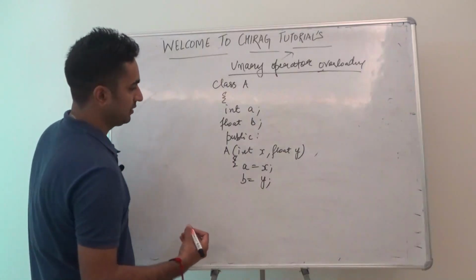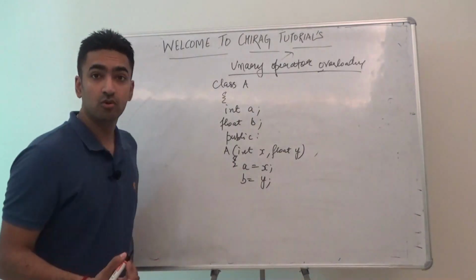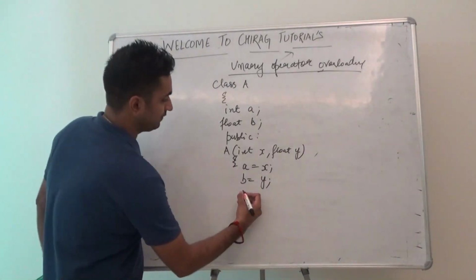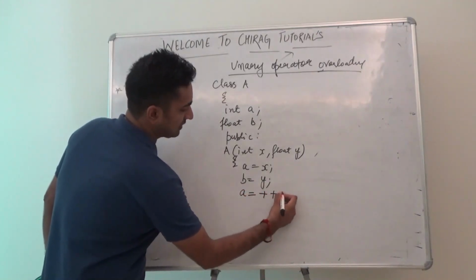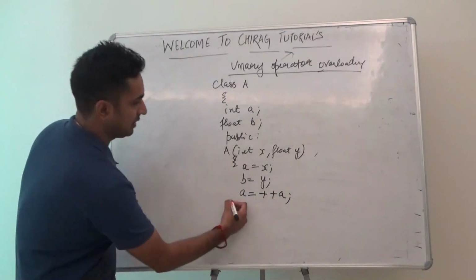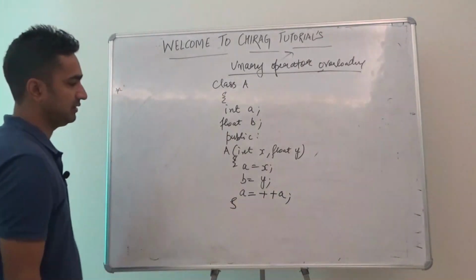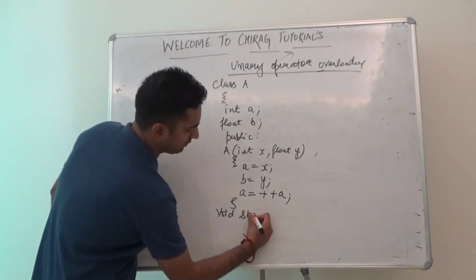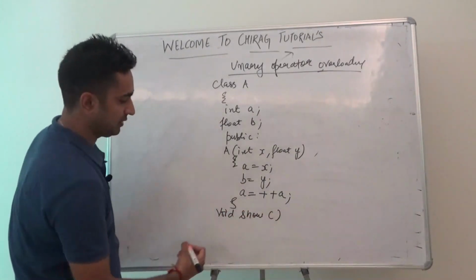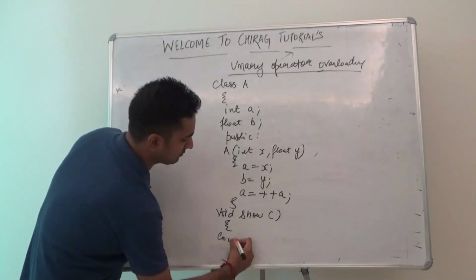And I am also doing one thing. I'm writing a is equal to plus plus a, right? And this is done. Void show, and it is just displaying a.